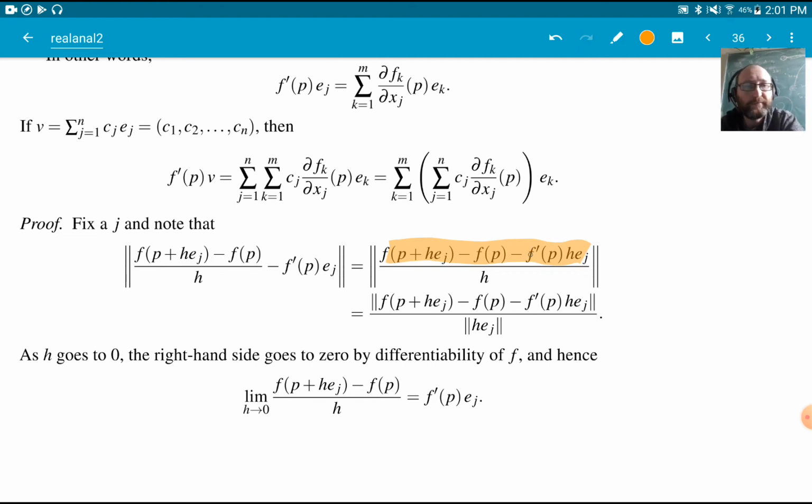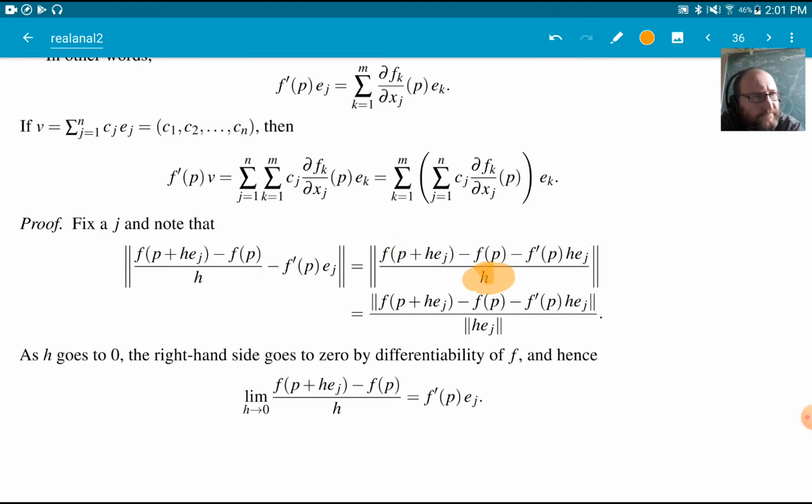There is the derivative, which I know exists, times a vector. Then that's the vector that I'm adding. Originally that was h, but now it's h times ej. It's still a little displacement. So I'm applying that to the vector. It's not quite the right thing.